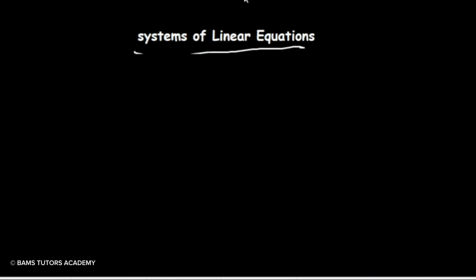Now, there's something called a redundant system of linear equations. When we say something is a redundant system, it means that there's an invalid arrangement.